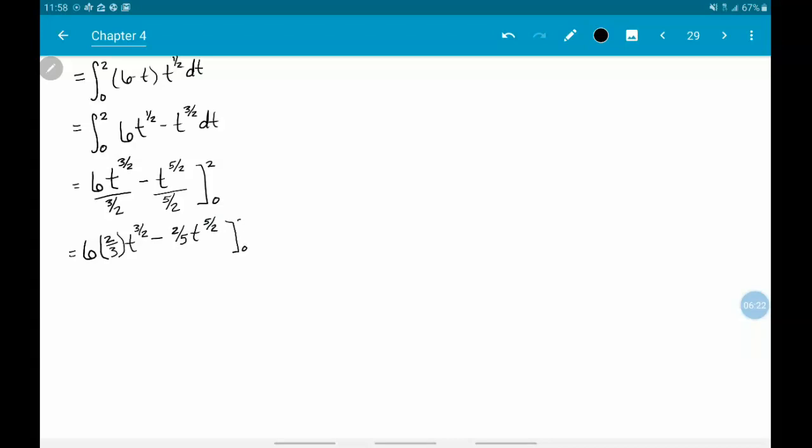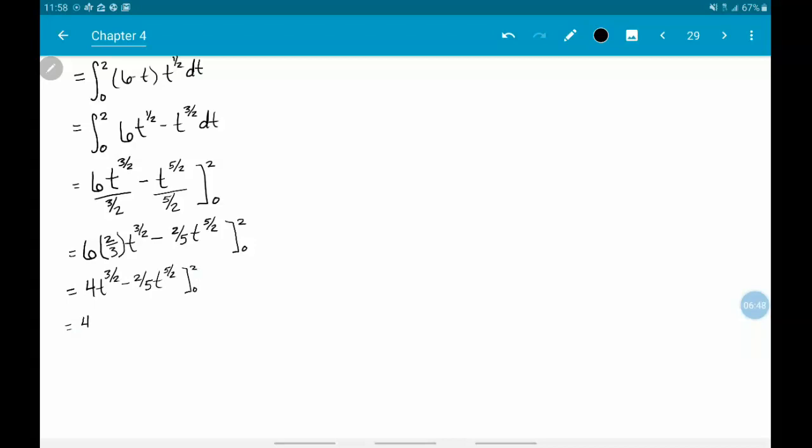And we're evaluating from 0 to 2. And I'm going to reduce before I try typing numbers in. So this is 12 over 3, which is 4. And we are going from 0 to 2.